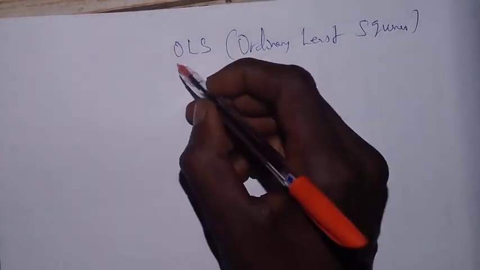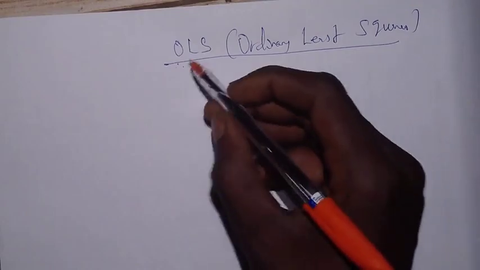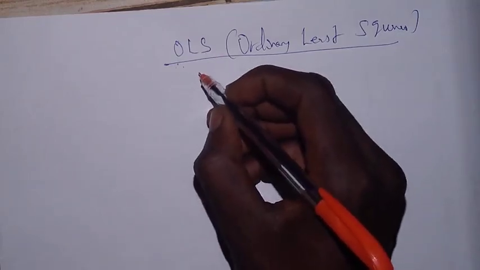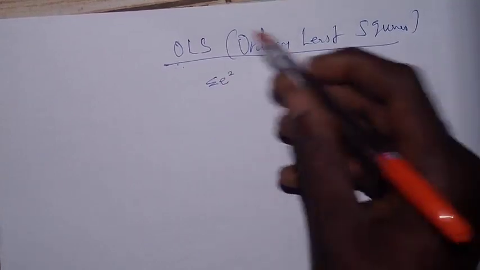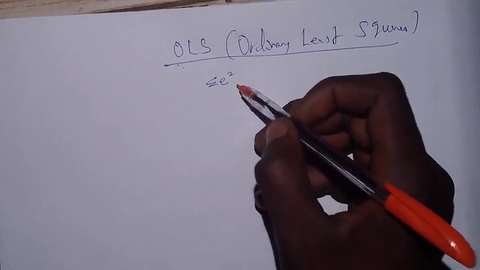Ordinary least squares. So OLS is just the process of estimating the summation of e squared. OLS is all about calculating the summation of e squared.